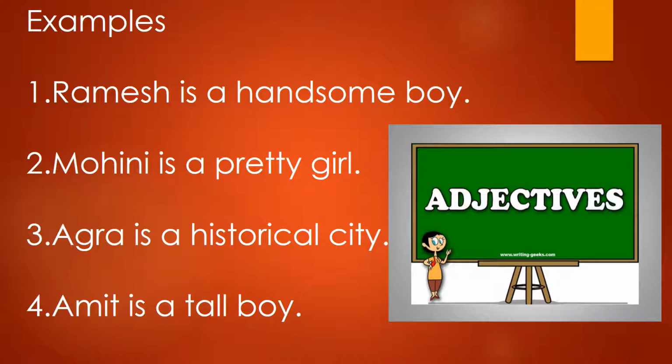An adjective describes a noun. So, an adjective is a word that adds something to the meaning of a noun. Words that describe people, animals, things and places are called adjectives.